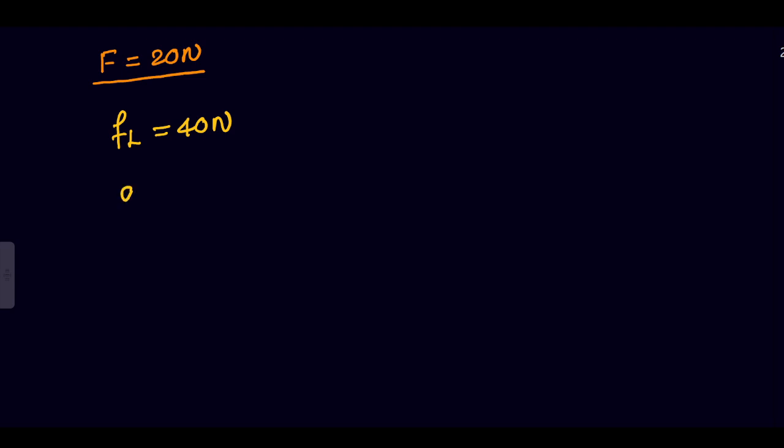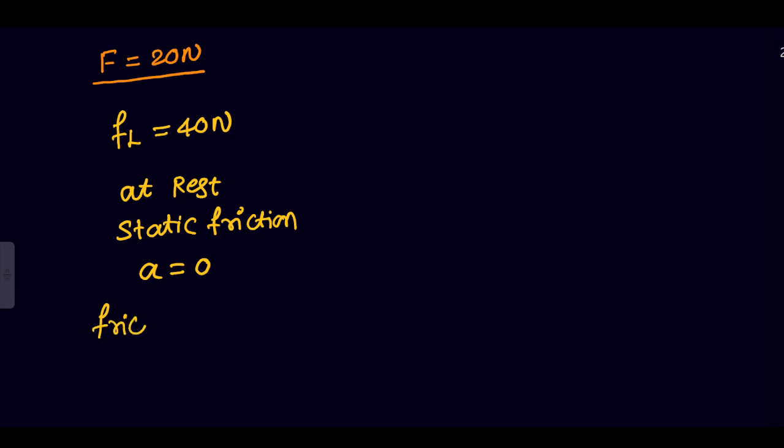So that means what? If the body is at rest, what type of friction is it? Static friction. So then what is the acceleration? 0. Then how much is the frictional force?